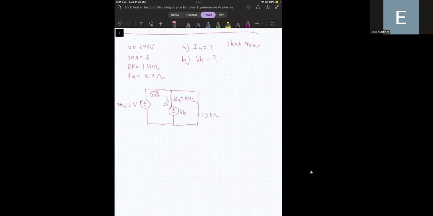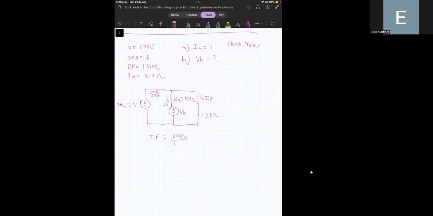Okay. So we can compute first the current that is flowing through the shunt field, no? That is this one.